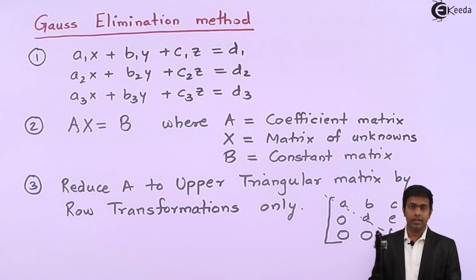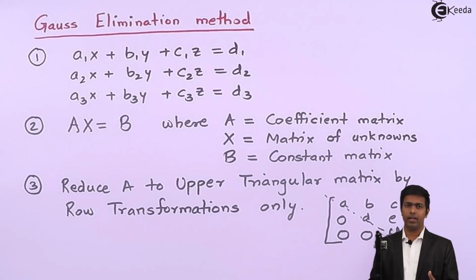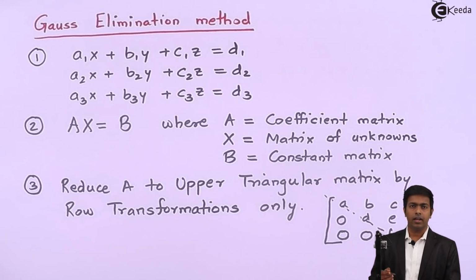So from the last row we get the value of z. From the second row we get an equation in terms of y and z, so we put the value of z into the second row and get the value of y. Once we have y and z, we put them in equation number 1 to get the value of x. So by using this method we can get the values of the unknowns x, y and z by the Gauss elimination method.